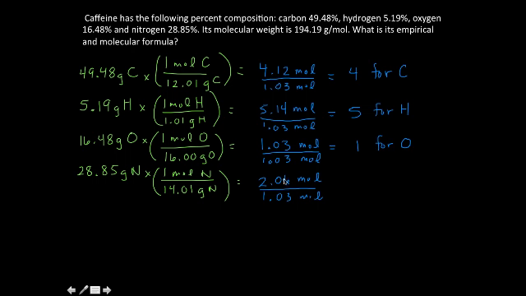And 2.06 divided by 1.03 gives me 2 for nitrogen. So when I take all this into account, my empirical formula ends up being C4H5ON2.